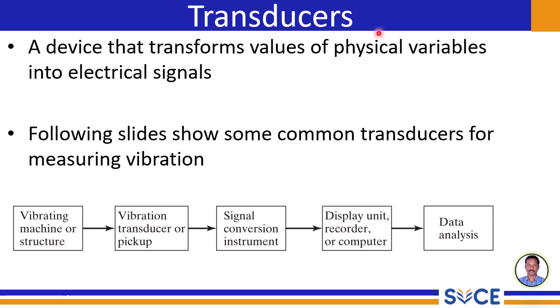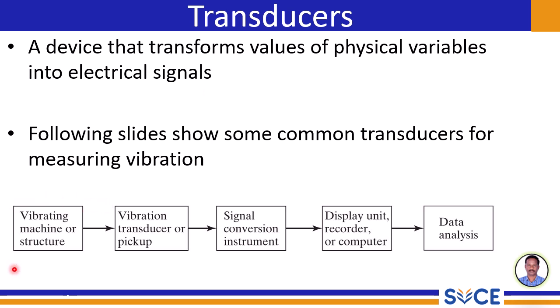Let's focus specifically on transducers. As we have alluded to, a transducer in the realm of measurement is essentially a device that transforms values of physical variables into electrical signals.